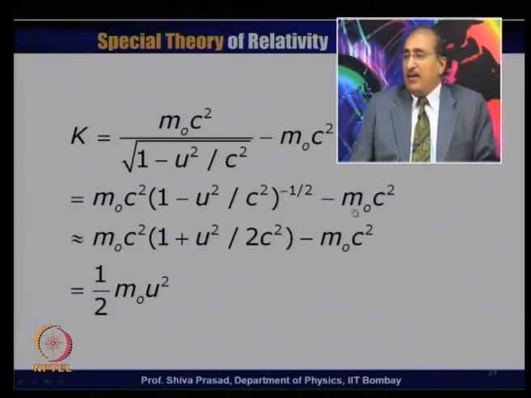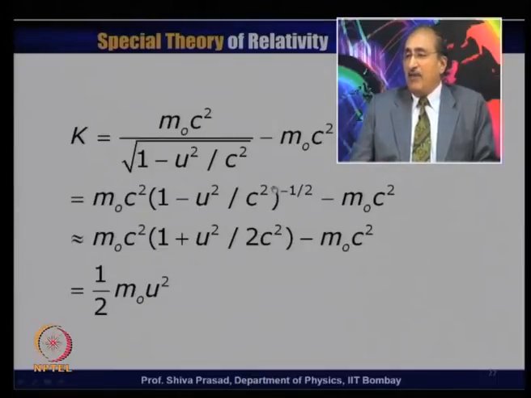This term remains identical, which is minus m naught c square. Now, in the limit u is very small in comparison to c, this can be expanded into a series, and you can retain just the first term and neglect higher order terms, because u is very small in comparison to c.